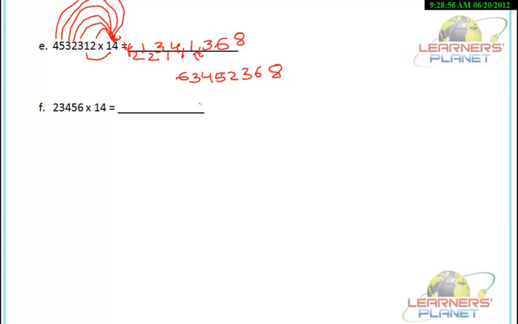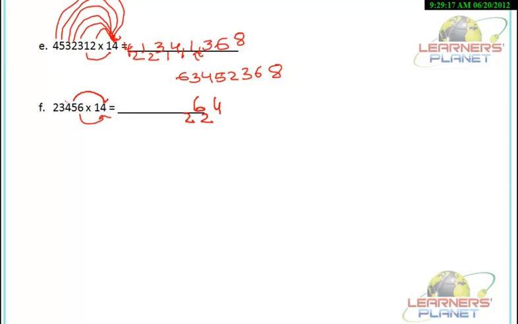Now let's do this problem. 6 fours are 24, we'll write. Then 5 fours are 20 plus 6, 26.